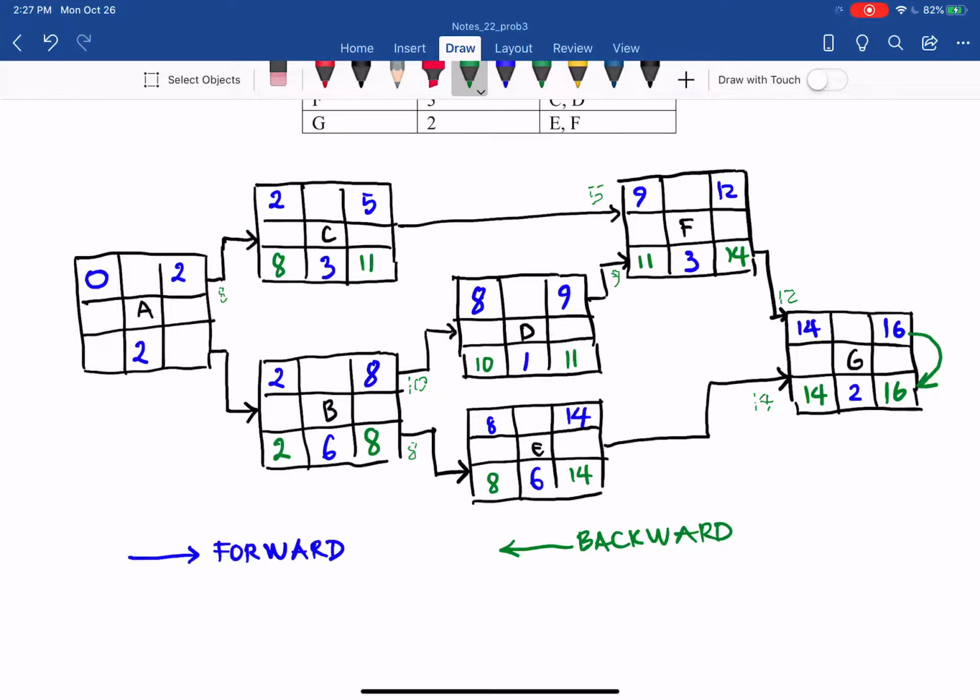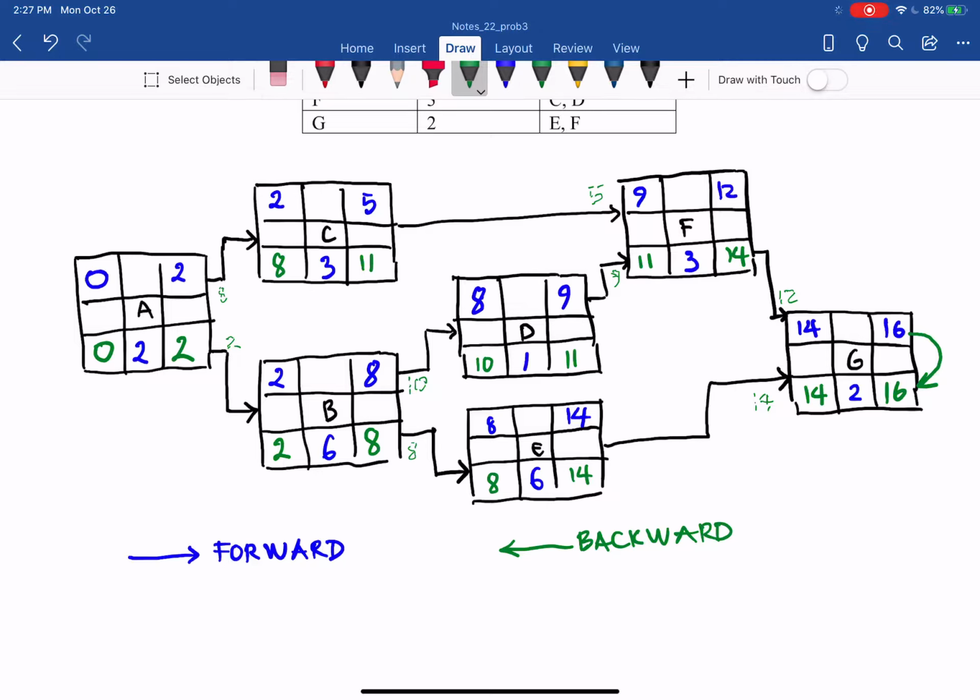And then you have 2 in here, so the minimum will be 2. 2 minus 2 equals 0. And that's good. When you have the same early start and late start, the same early finish and late finish, for the start activity A and the finish activity G, then you're good.